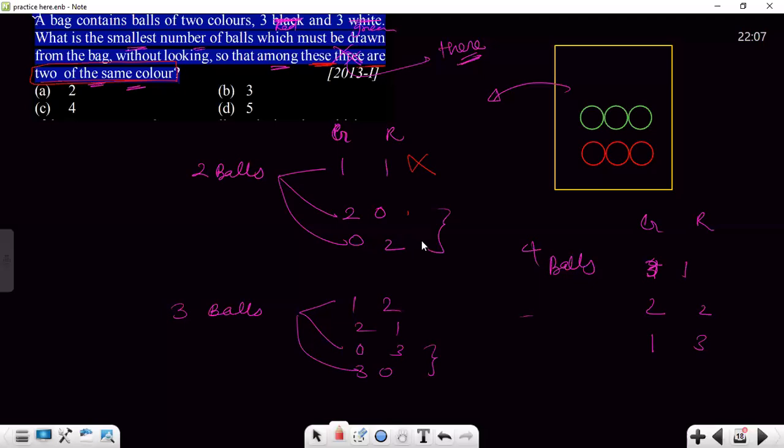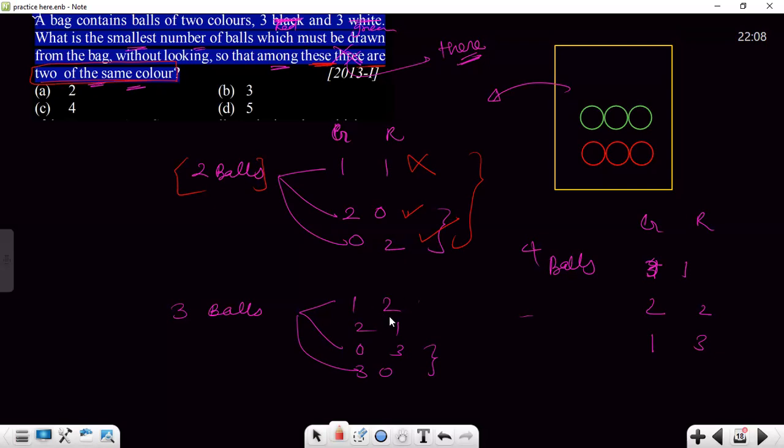Available? Yes, available. But not in all the cases, like there is a contingency where our event can become unsure. So that's why we cannot take a risk. That's why we are withdrawing the maximum number of balls so that we can have the surety that there will be 2 balls having same color.